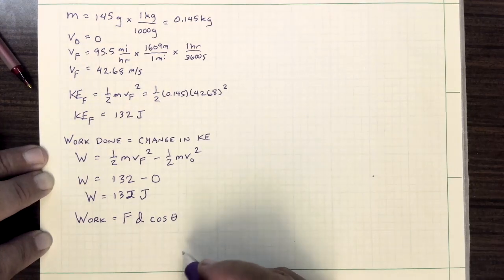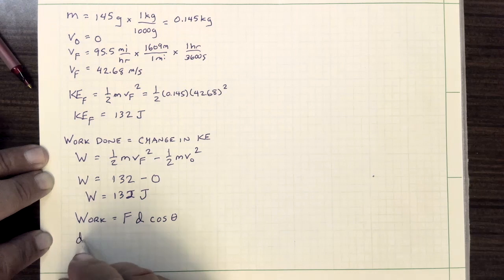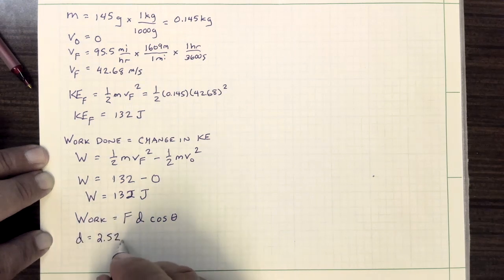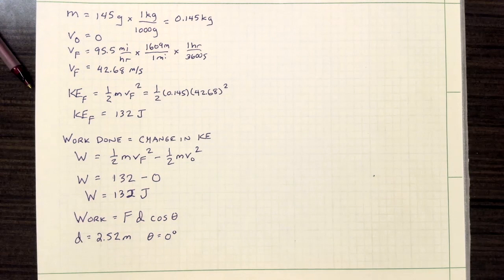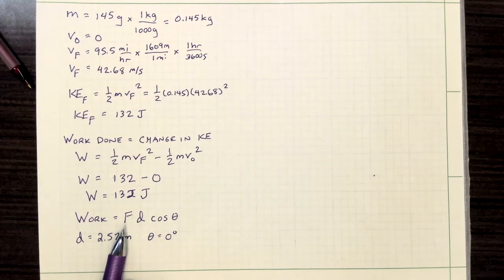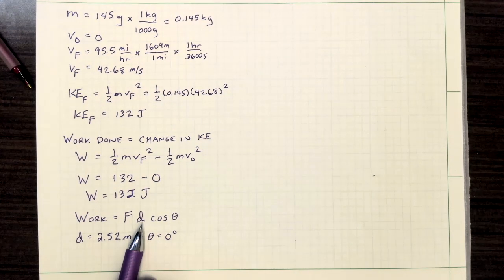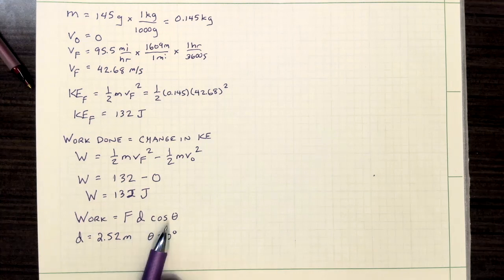For this problem, the distance is going to be 2.52 meters. And the angle theta, in this case, is going to be 0 degrees, because the force is exerted in the same direction as the ball's displacement.